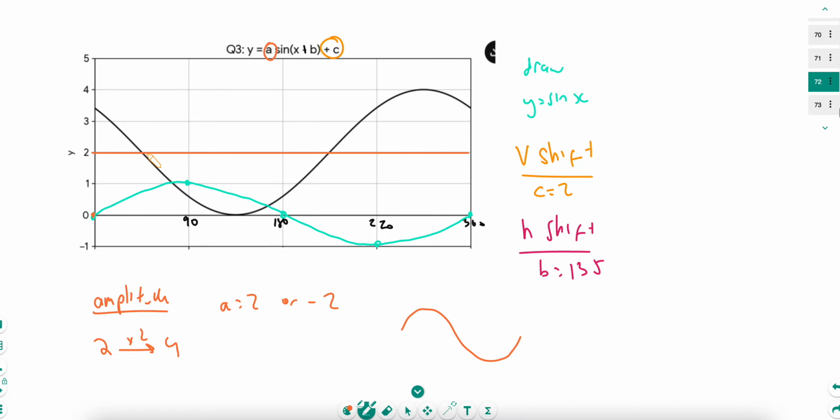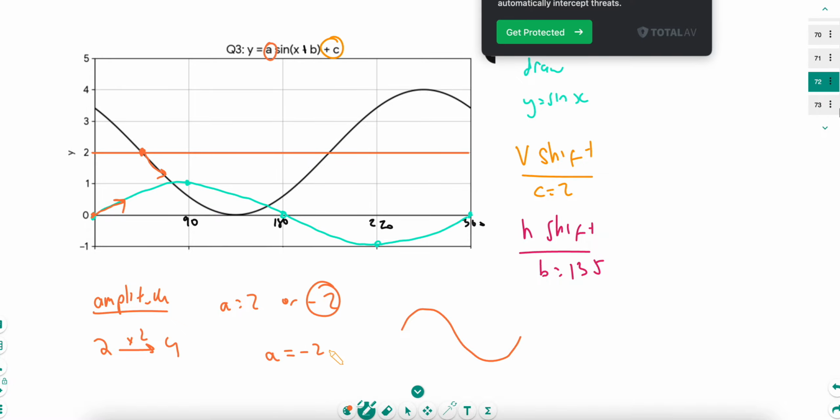And the first midpoint, so our starting point will be over here. In a regular sine graph, as you can see, it starts by going upwards. What's happened for our graph? It's going downwards. So now we can say, since they're going in the reverse directions, we say -2. So our A value is -2. Boom. And that video is all done.